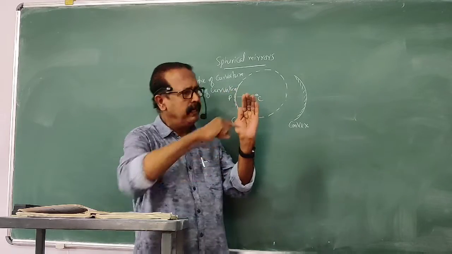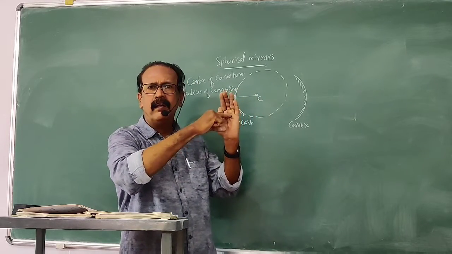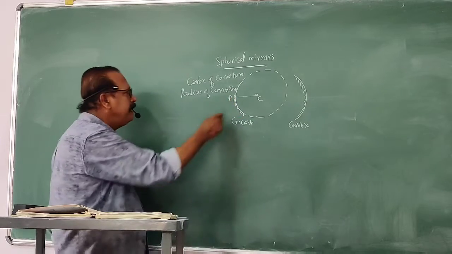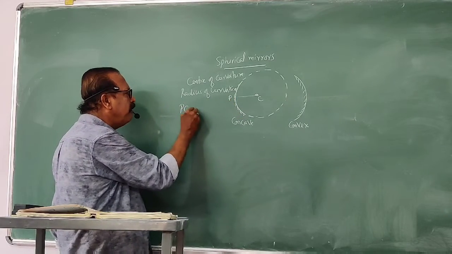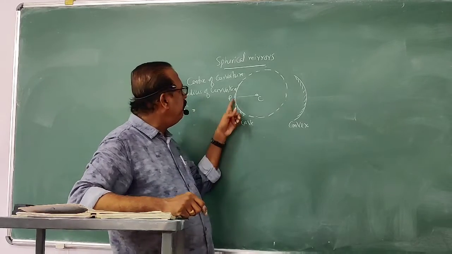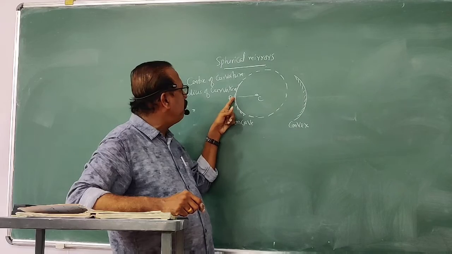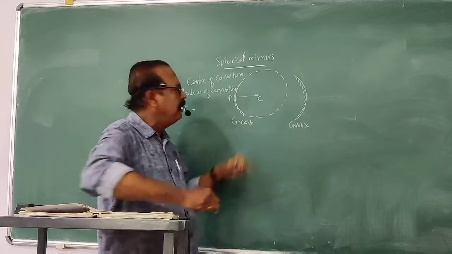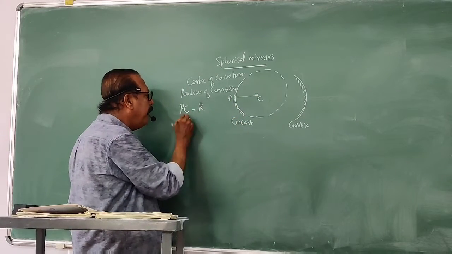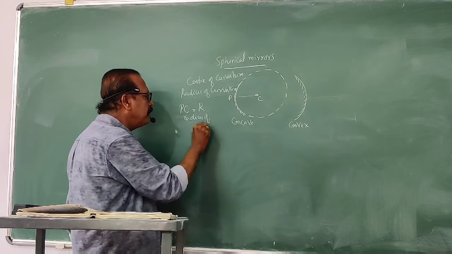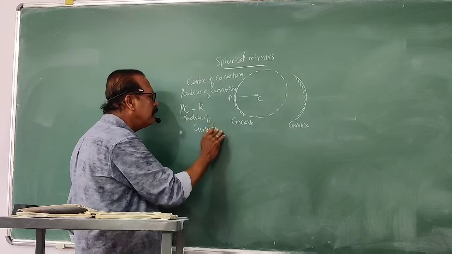If this is a mirror, the geometric center is called the pole of the mirror. The distance from the pole of the mirror to the center of curvature, that is the radius of the sphere, is called the radius of curvature.